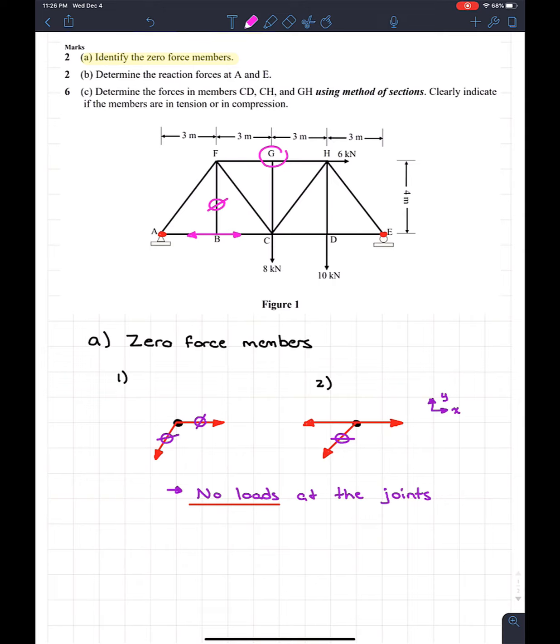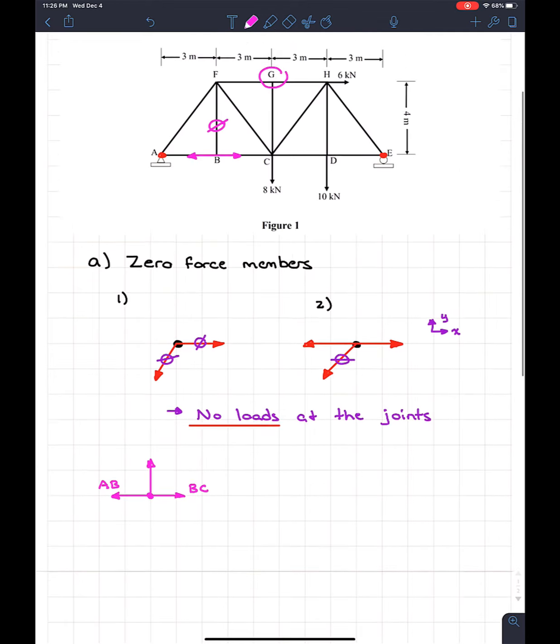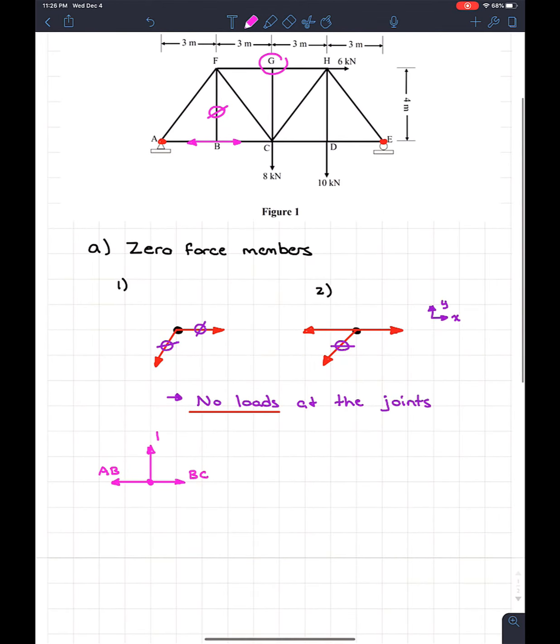And if we want to prove it, and for proving, it's very rare that they're going to put that on a final, but if they ask you to prove it, if we were to draw joint B down here, let's just say we have joint B, and we have our 2 collinear members like this. So this one will be AB, and then we have BC, and then coming up here, we have BF, and we were to do sum of the forces.